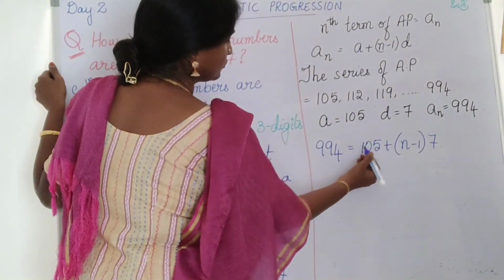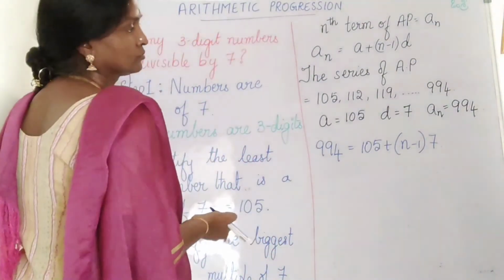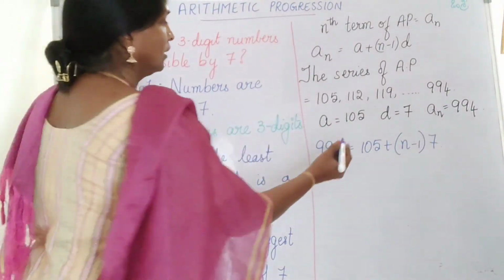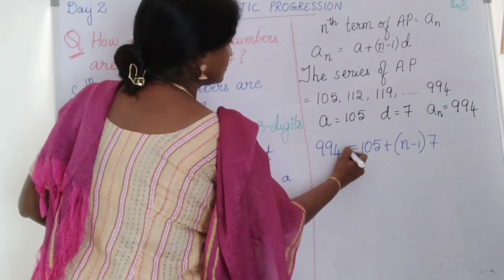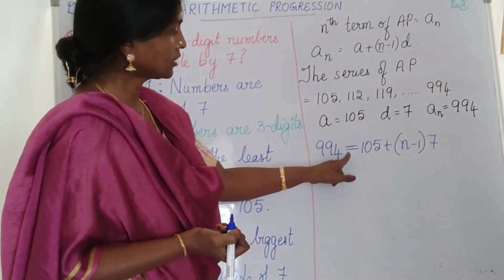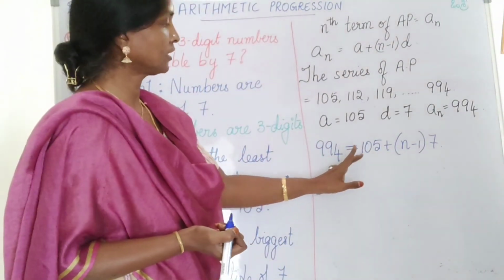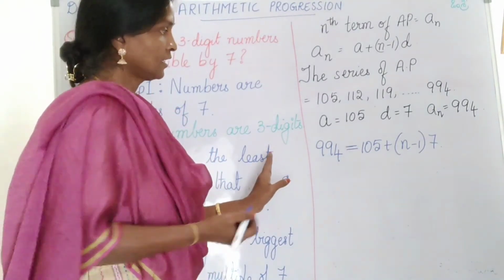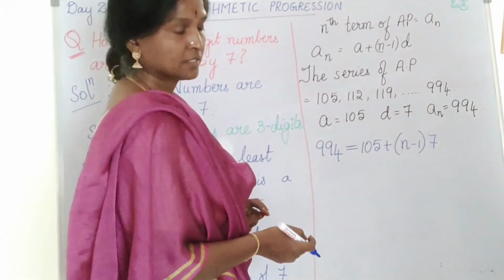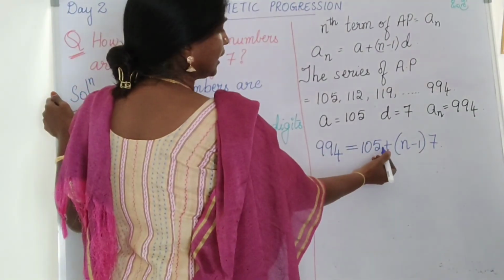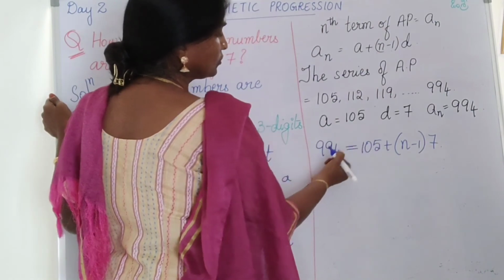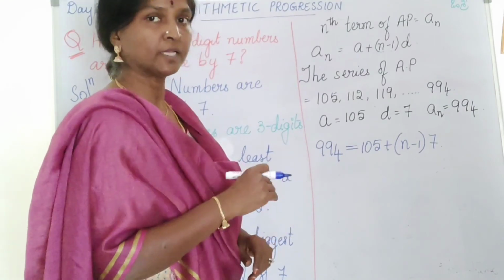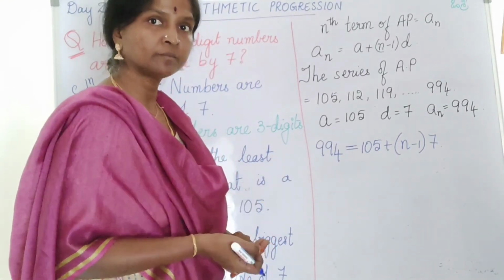So here when you transpose 105, I think you know that when you have an equal to sign, whatever is on the left side of the equation is LHS and the right side is RHS. And when you are transposing a number from RHS to LHS or LHS to RHS, the plus sign will become minus and the minus will become plus.